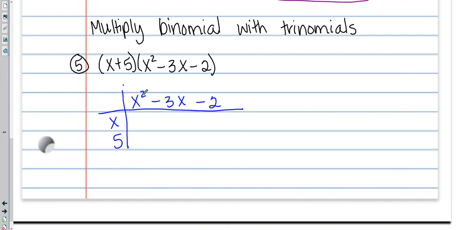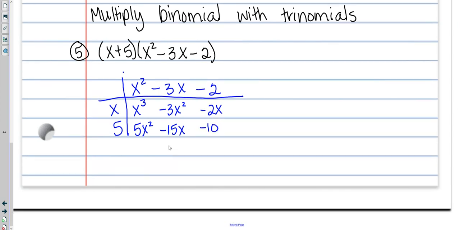So we're just going to multiply x squared times x is x to the third power. Negative 3x times x is negative 3x squared. Negative 2 times x is negative 2x. Now down here we have x squared times 5, which is 5x squared. Negative 3x times 5 is negative 15x, and negative 2 times 5 is negative 10.